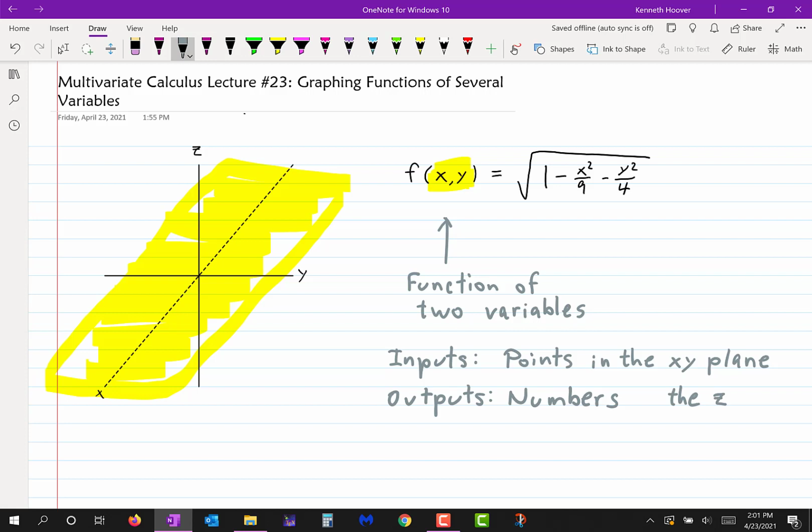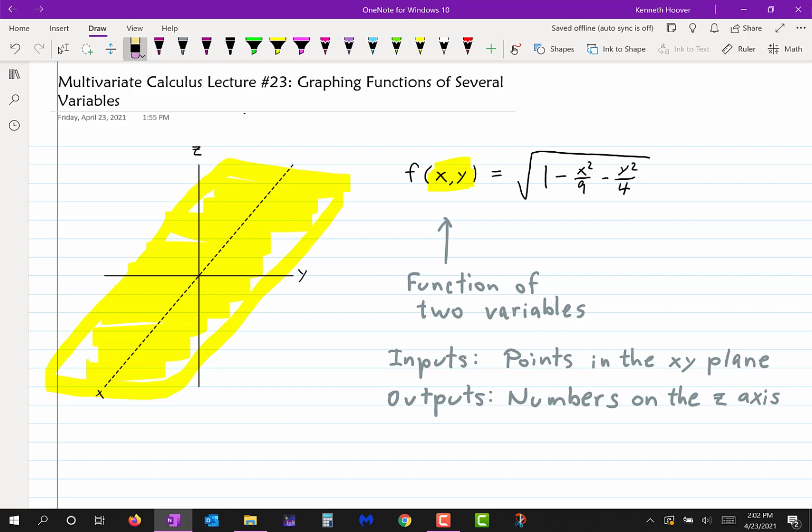Just one, right? Z. So do I say in the z plane? No, that doesn't make any sense. There's no such thing. Planes have to have two dimensions. If you only have one dimension, then you're a line. So it would be the z what? The z axis. And so I should say numbers not in, but numbers on the z axis.